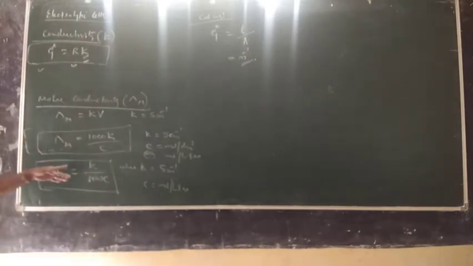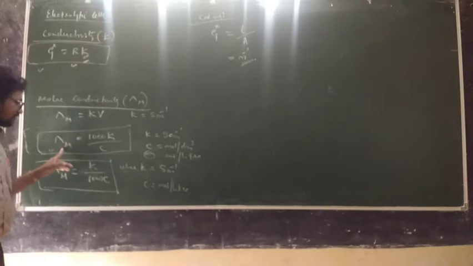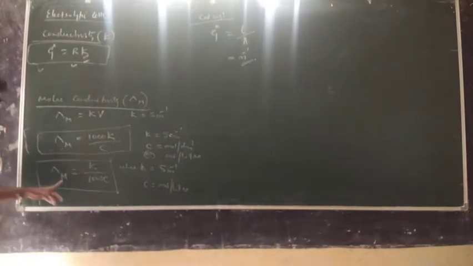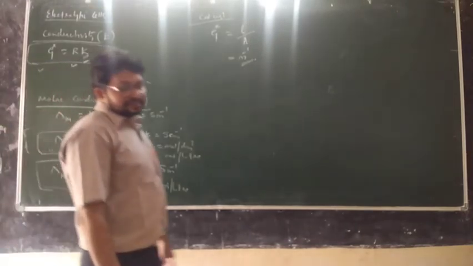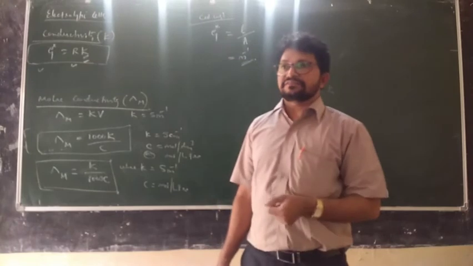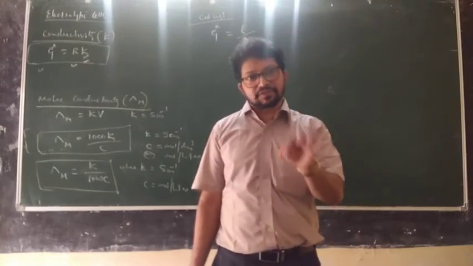So these are all mathematical understandings when you are converting one unit into another unit. So this is the formula when conductivity is in Siemens per centimeter, and this is the formula when conductivity is in Siemens per meter, and in both the formulas concentration is always in mole per liter.